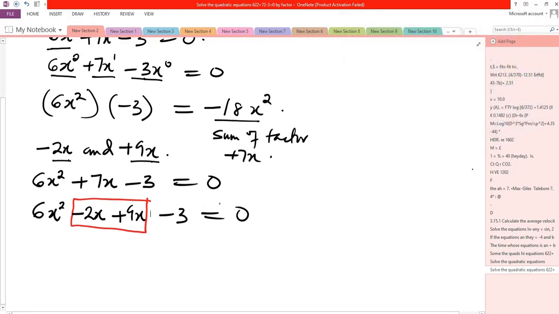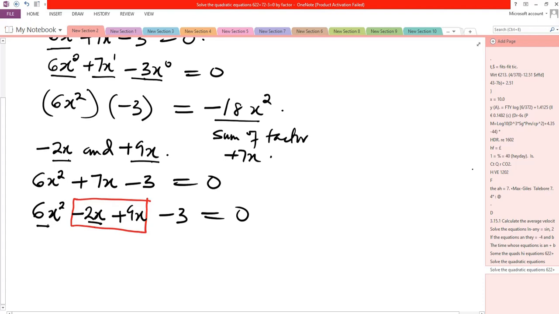So what we're going to do next is factorize this. We have this value and this value, and we look for a common factor that we can use to factorize them.